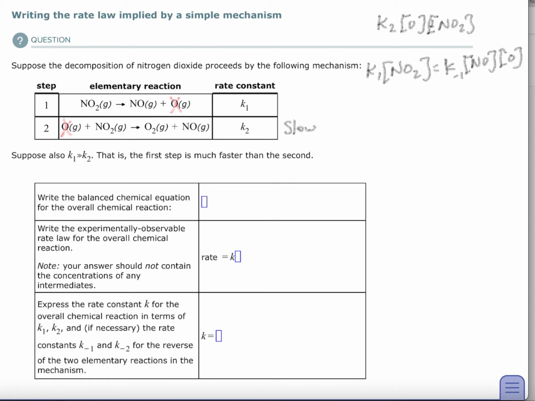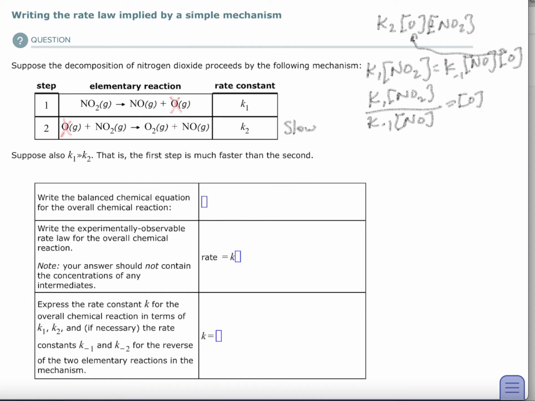So I can solve for that O, then substitute it in for the top. So let me simply put everything else on the other side. I'm going to have k1 times NO2 over k to the negative 1 times concentration of NO equals O.